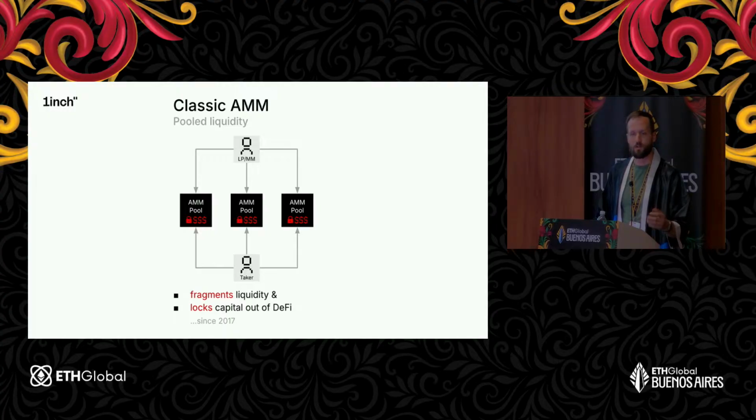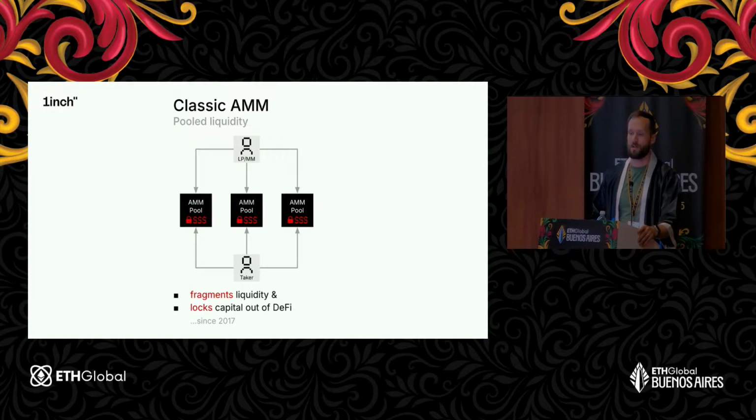One more inefficiency is that this liquidity is being locked in the pools. By locked, you see, it has red locks. Red means bad. Being locked means that this capital is restricted in its functionality. It can only be used for transferring during swaps.